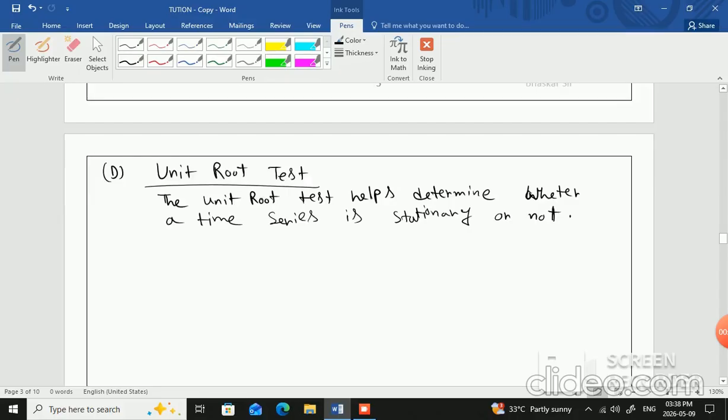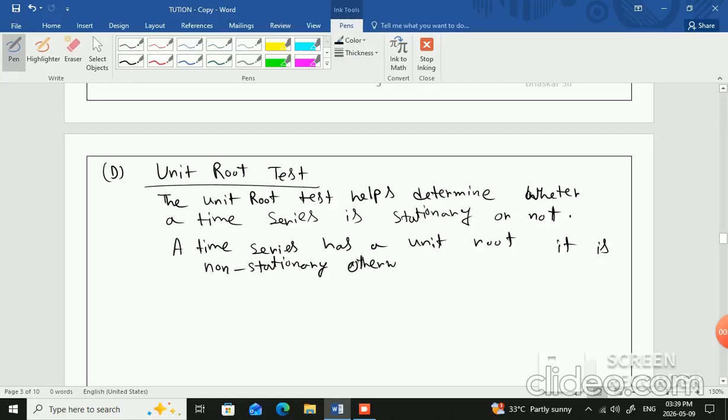If a time series has a unit root, it is non-stationary. Otherwise, stationary.